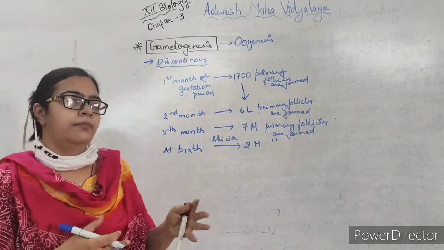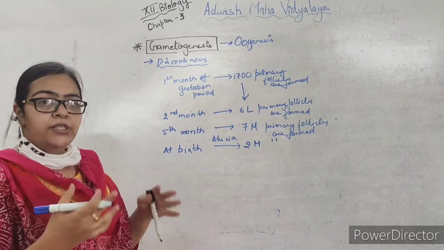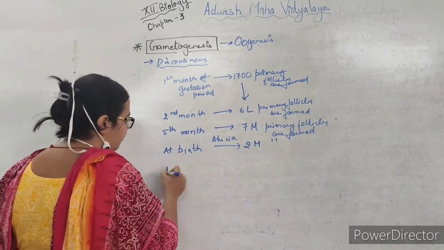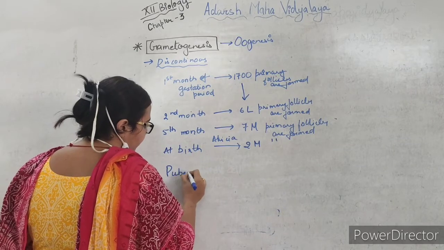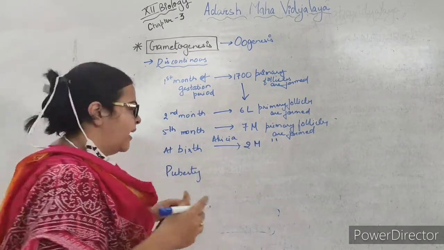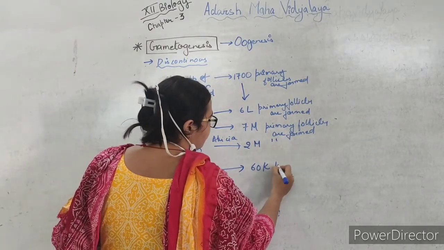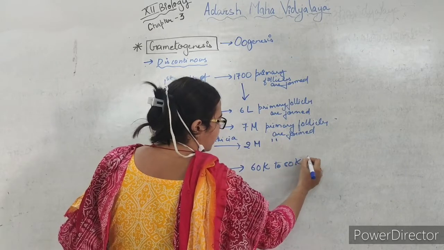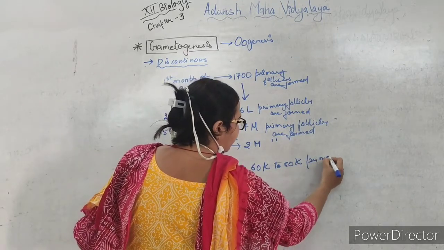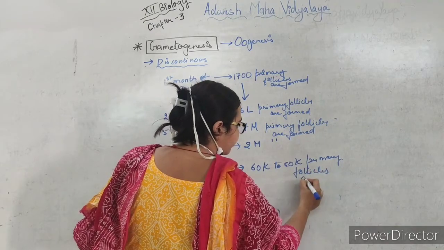By the time the female infant reaches puberty, there is again shrinking of the primary follicles, and finally some 60 to 80,000 primary follicles remain.